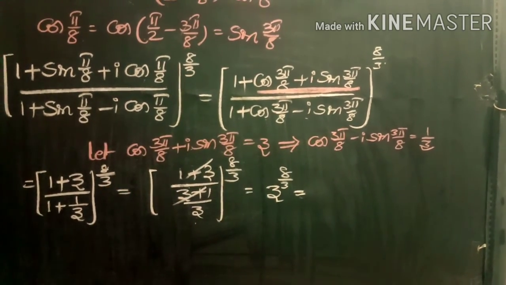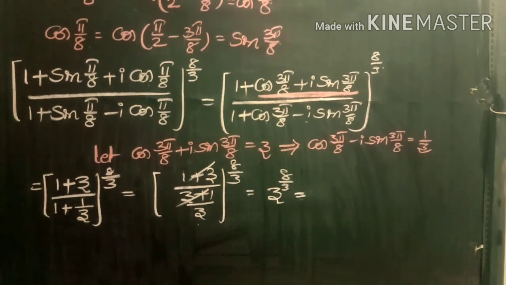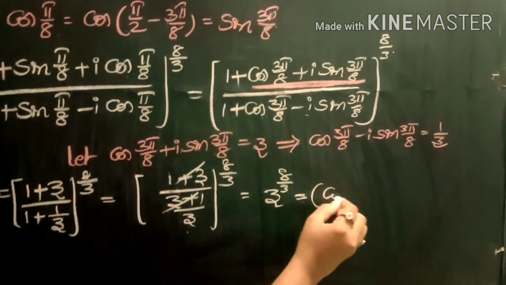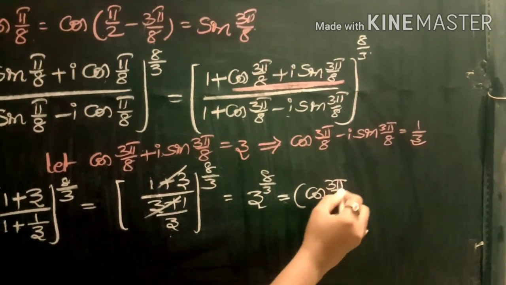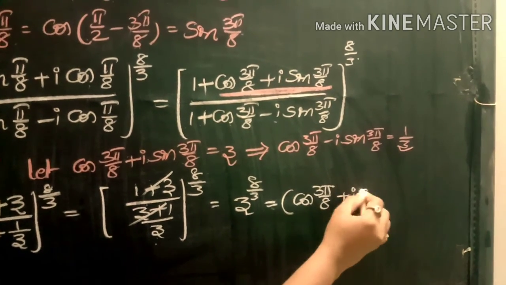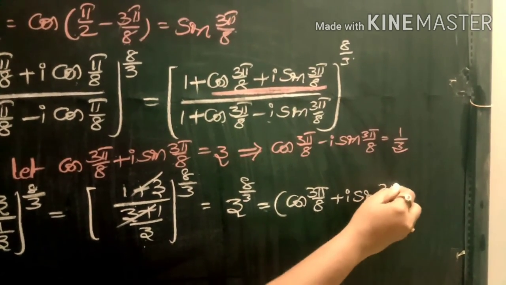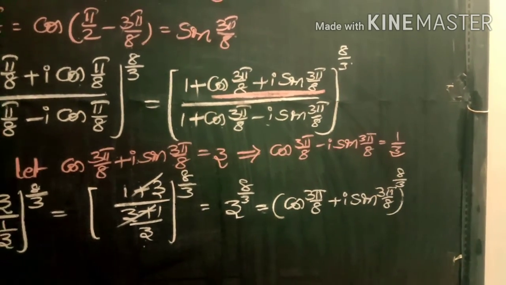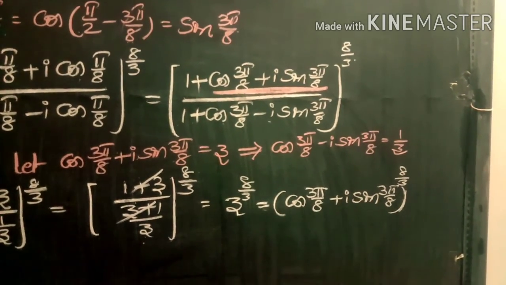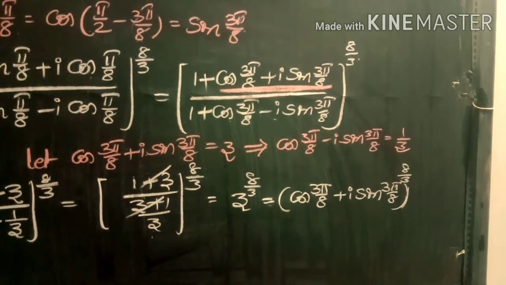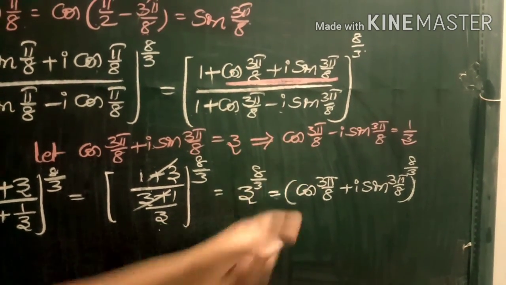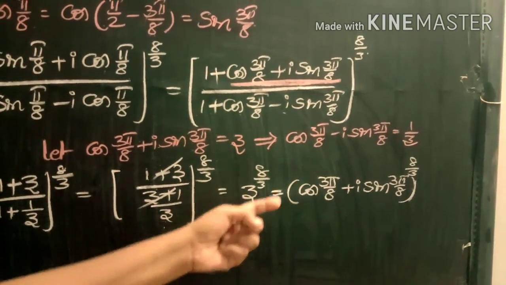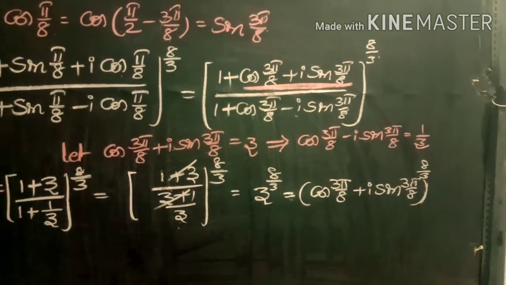Now here in place of z we are substituting the z value, that is z is equal to (cos 3π/8 + i sin 3π/8) whole power 8/3. Now this is in the form of (cos θ + i sin θ) whole power n, which is nothing but cos nθ + i sin nθ by applying de Moivre's theorem.